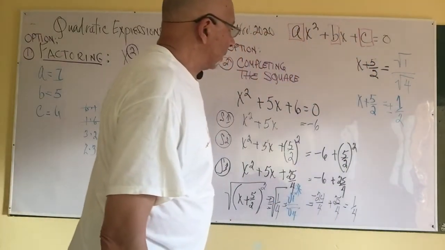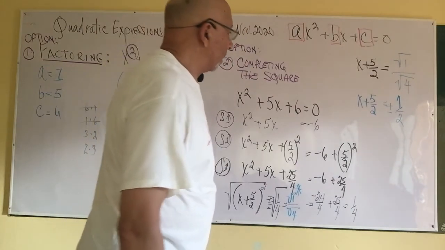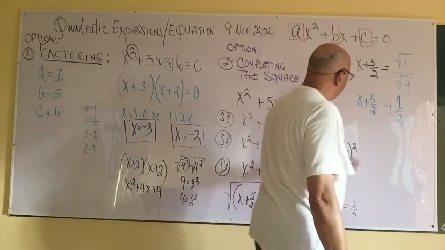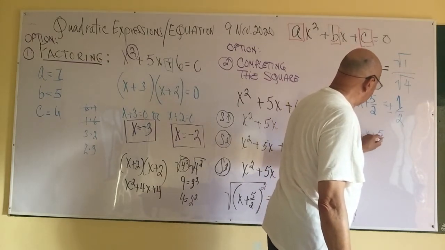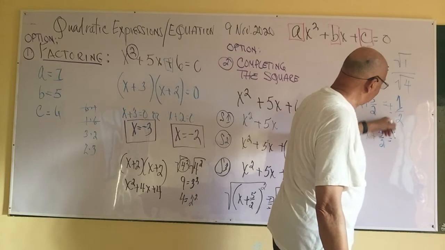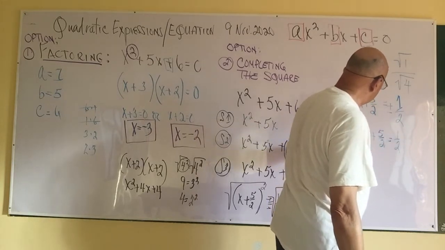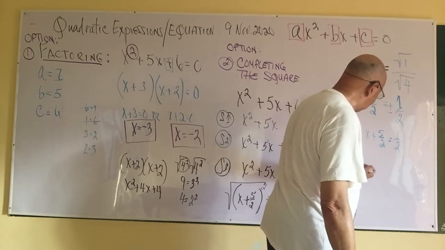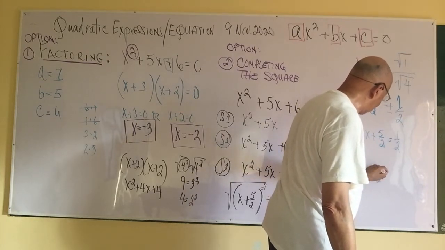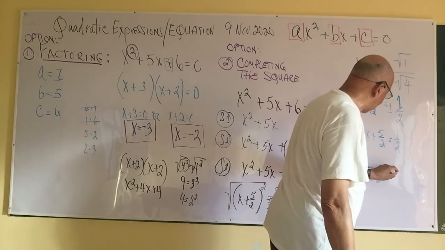So now I have this down to something where I could figure out what x is. So I say x plus 5 over 2 equals plus 1/2. That's one result. The other is x plus 5 over 2 equals negative 1/2.